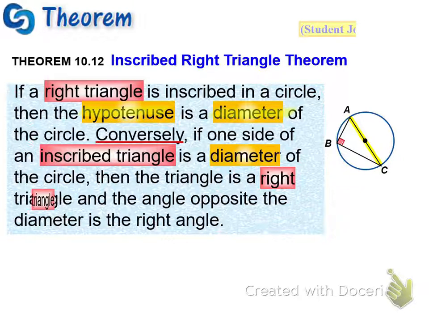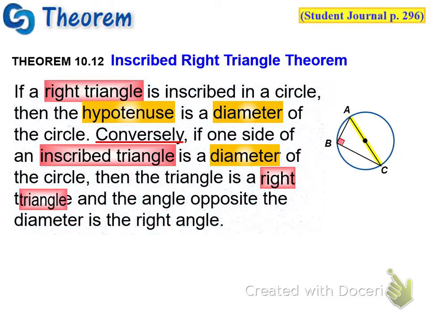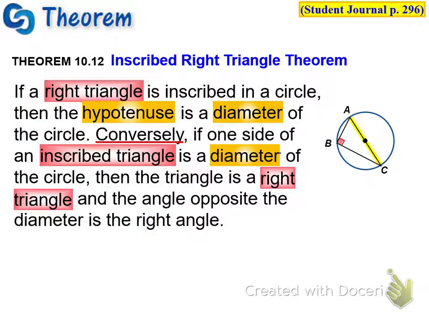If one of the sides is the diameter, it will be the hypotenuse, which means you'll have a right triangle. So in your picture, go ahead and highlight your hypotenuse, AC. Highlight your hypotenuse, which is AC.